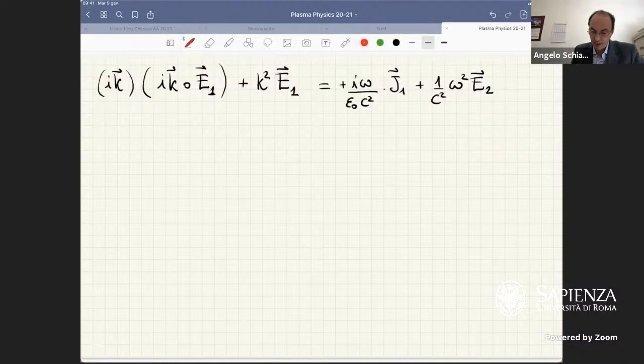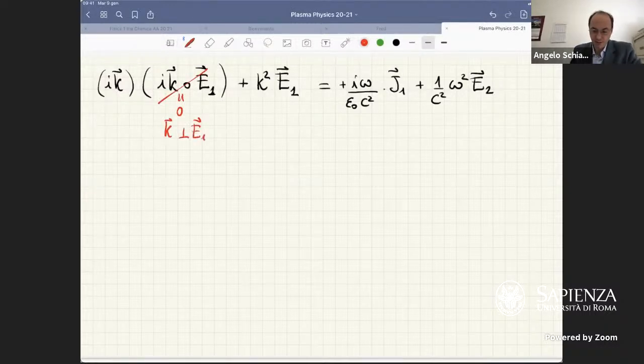Let's focus our attention on this term. We are looking for solutions that are transverse solutions. So we want the k vector to be perpendicular to the electric field. And that means that this term is 0, because k has to be perpendicular to E1. We are looking for transverse waves.